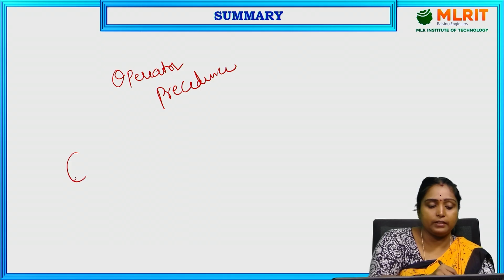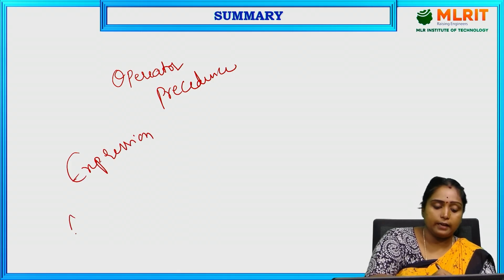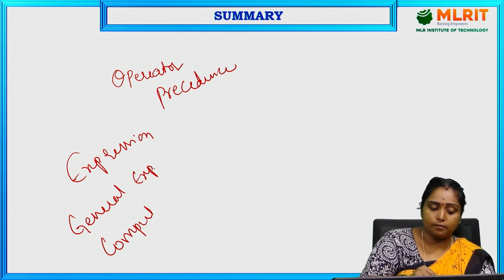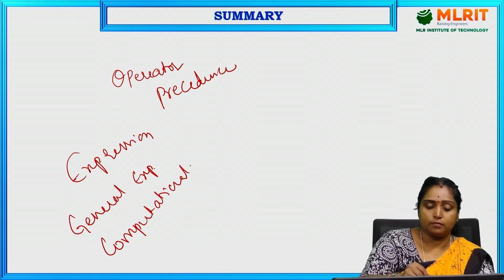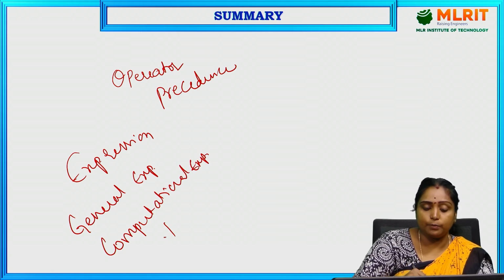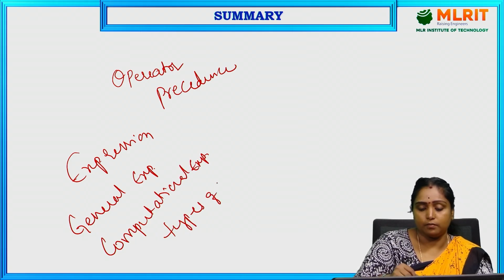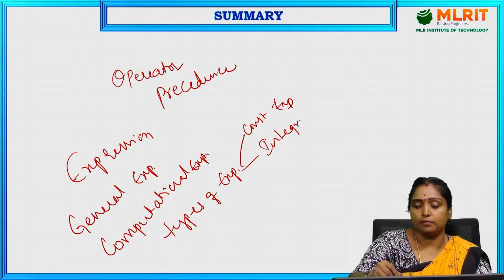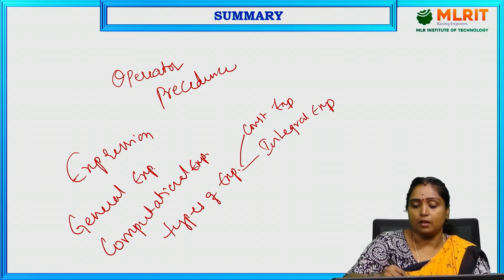First, we have learned what is an expression, what is a general expression, what are computational expressions, and what are the types of expressions. What are the types of expressions? Constant expressions, integral expressions, floating expressions.